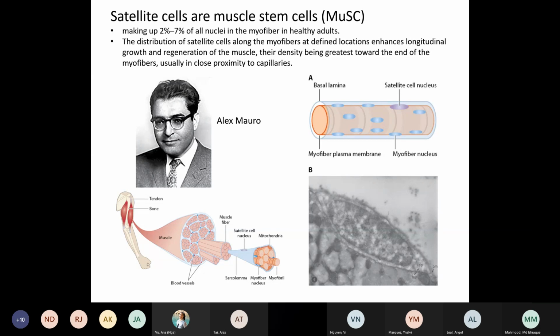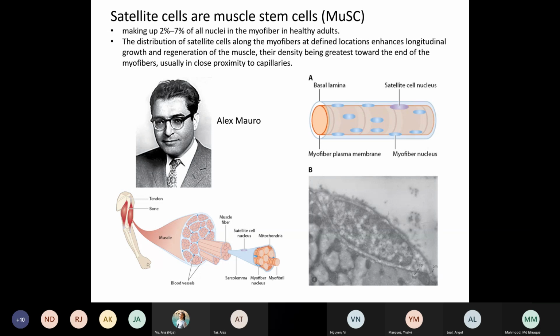So I'm going to use 3 or 4 slides to describe the last stem cell population I want to describe. This is called satellite cells. Satellite cells are muscle stem cells. Someone proposed to use MuSC instead of satellite cells because satellite cells won't give you the straightforward impression of what the cells are.